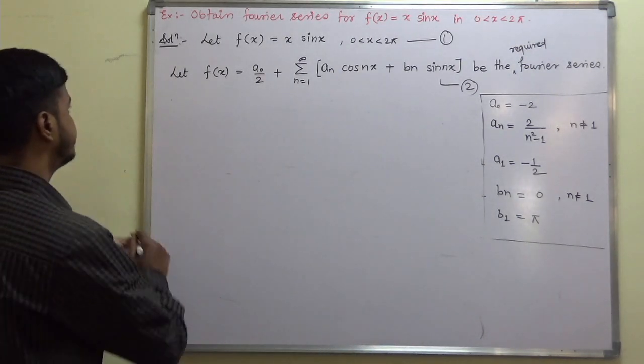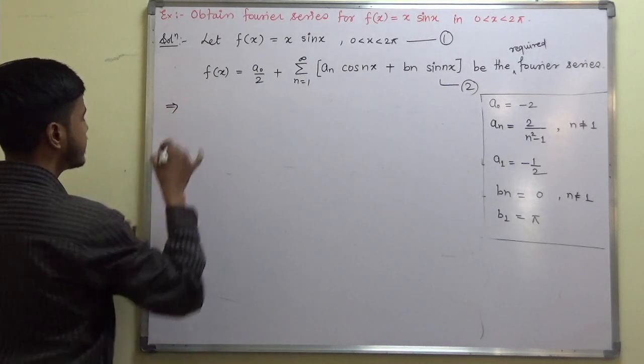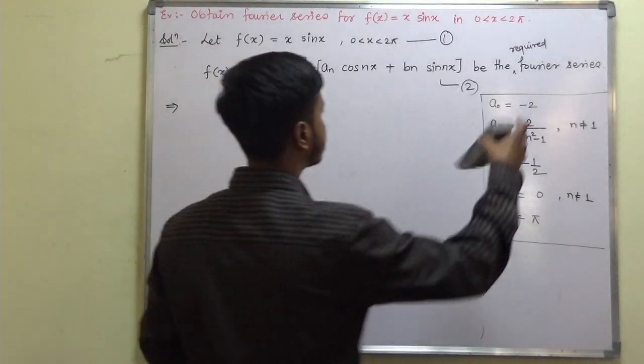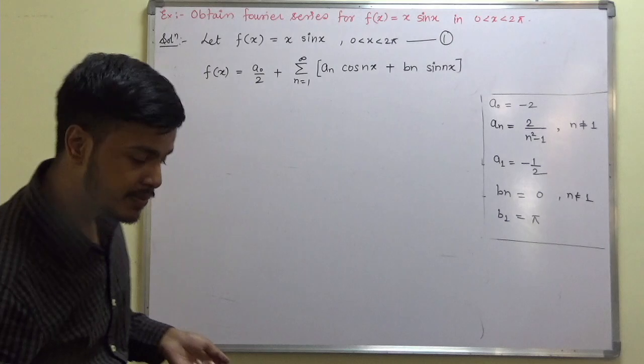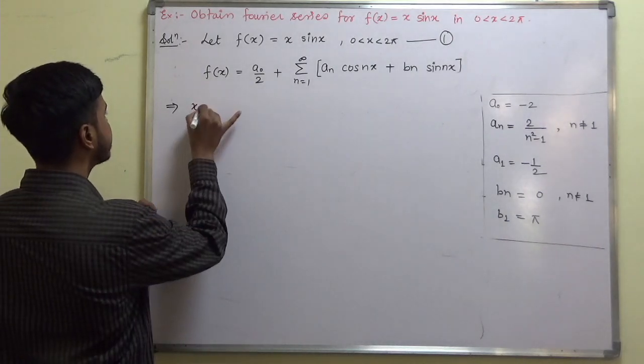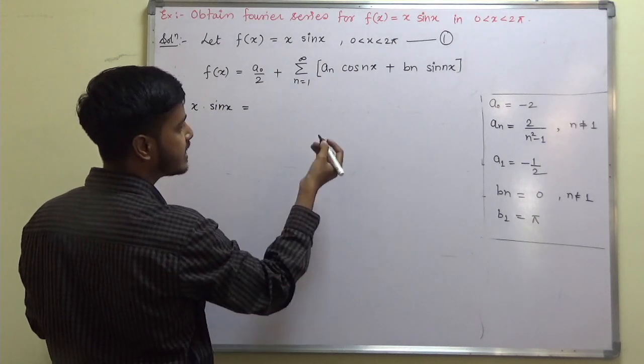So this Fourier series, f of x, implies the required Fourier series. Just you have to substitute the values. f of x is x into sine x is equal to a0 by 2, what is a0?